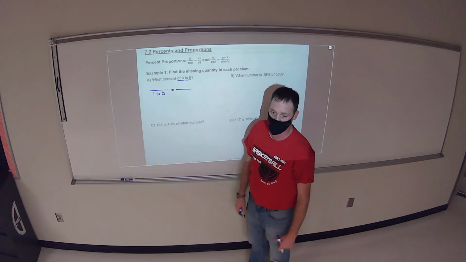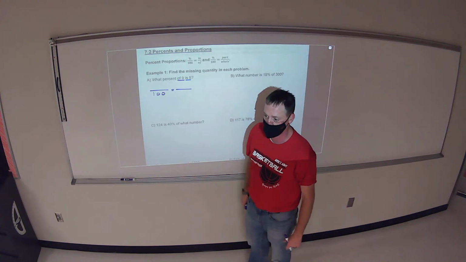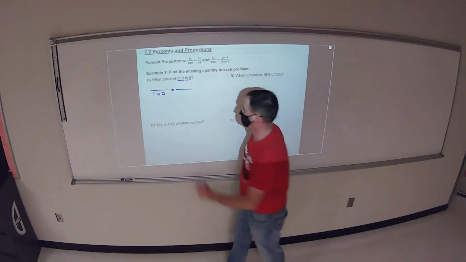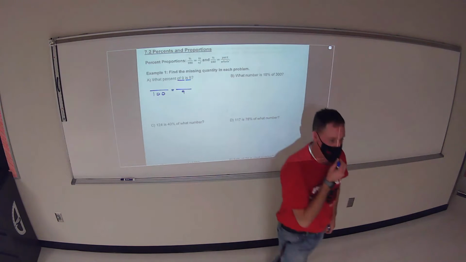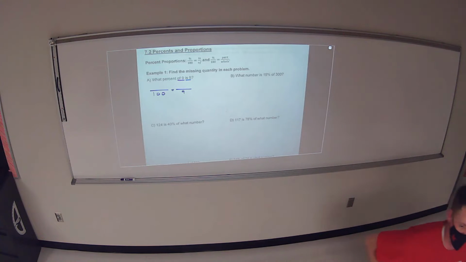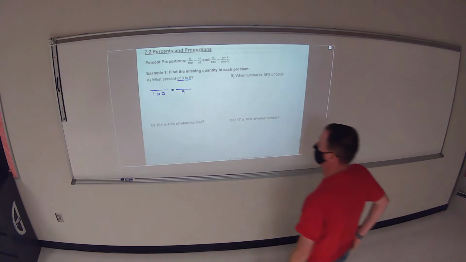Where does that tell us 9 needs to go, on the top or on the bottom? On the bottom. So 9 is going to go over here on the bottom. Our other number keyword in this problem was the is. It's tagged with the 5. Obviously the only spot left is on top. Is it going to go where the percent goes, or where the is goes? It's going to go where the is goes.